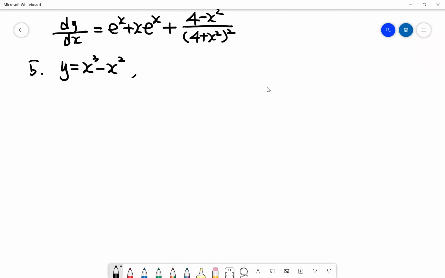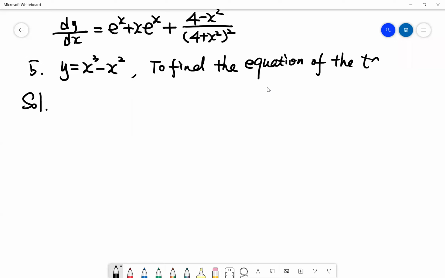My question is to find the equation of the tangent line at the point x equals minus 1. So first, if you want to solve this question, I will write the question: find the equation of the tangent line at the point x equals minus 1 here.